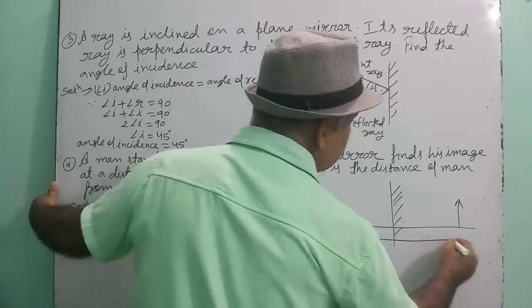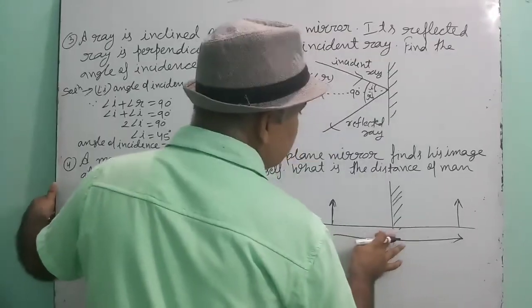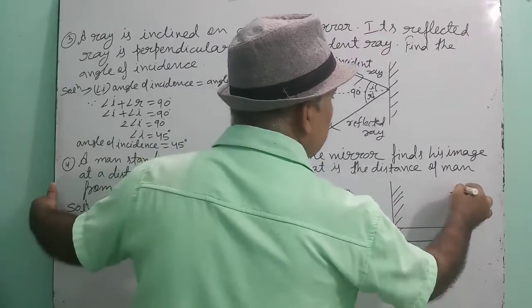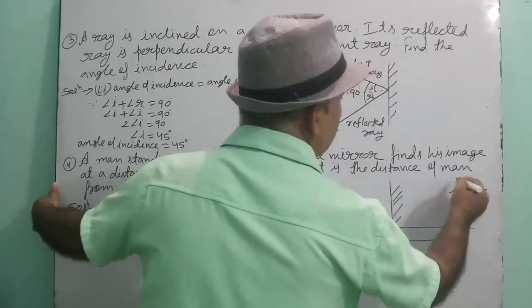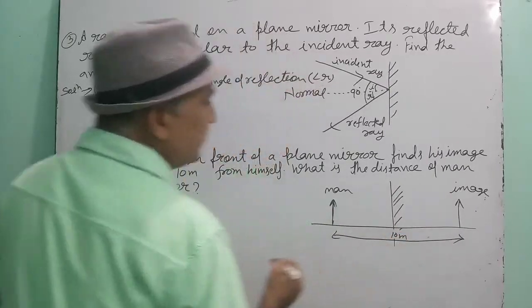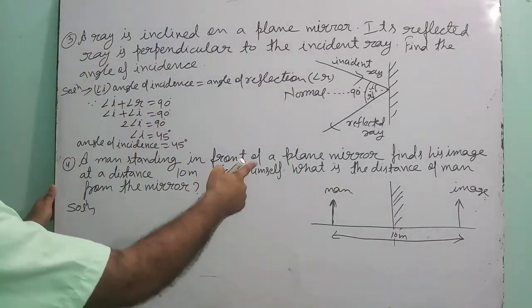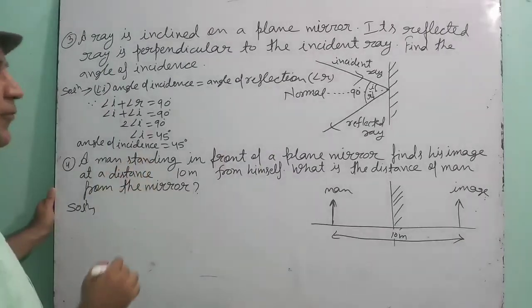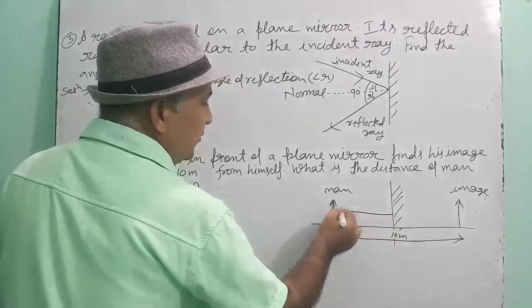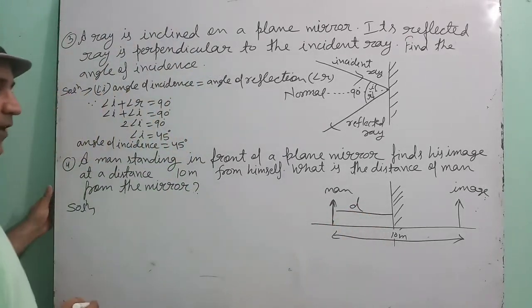In the question it is given that the distance between the man and his image is 10 meter. Then the question is asking what is the distance of the man from the mirror. Distance from the mirror means this distance we have to find.